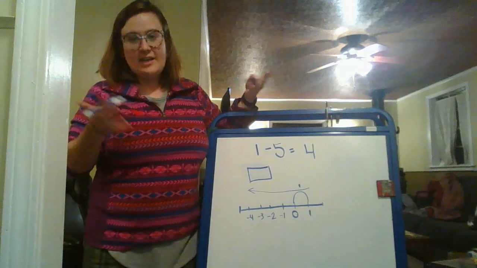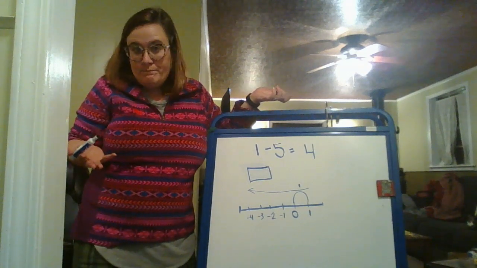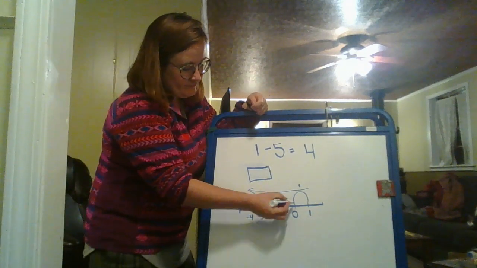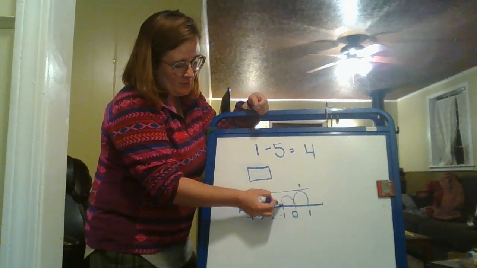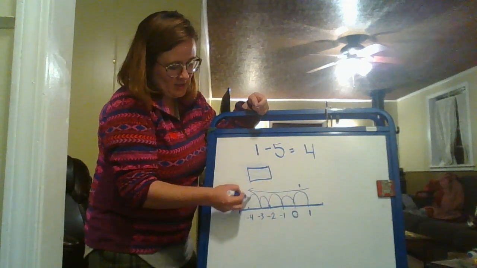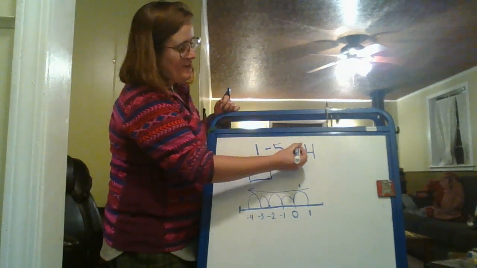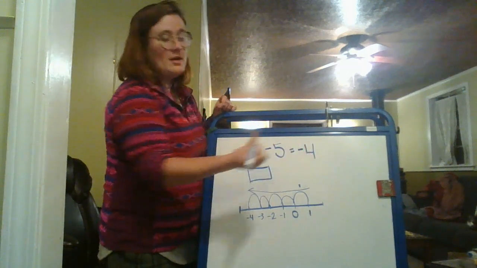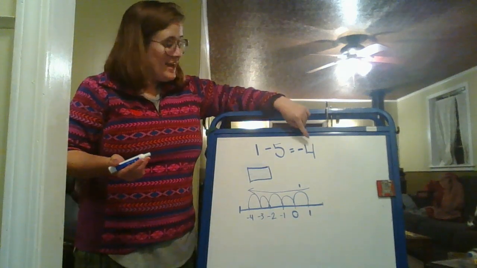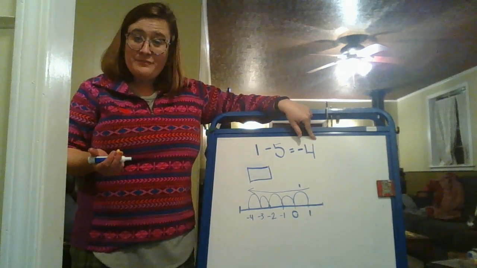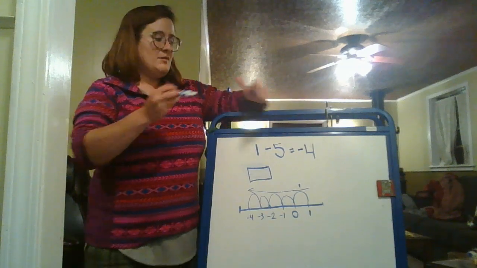Or I think about it as things that are owed. So 1, 2, 3, 4, 5. I've subtracted 5, and where I end up at is not 4, but negative 4. This means it is something I still need to take away. I still owe it. I still need to take it away.